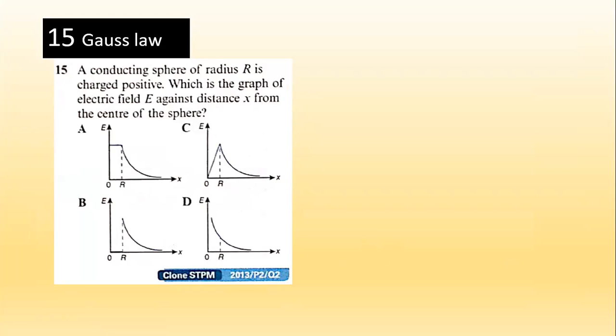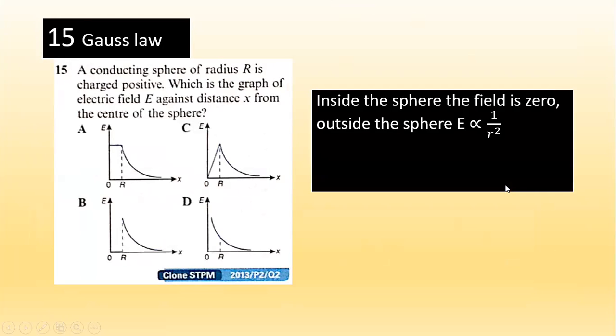Which is the graph of electric field strength E against distance x from the center of the sphere? It is a conducting sphere, so inside the sphere the electric field is 0 because the charge is all on the surface. Outside, E is proportional to 1 over r squared, the inverse square law. The answer is B, why?